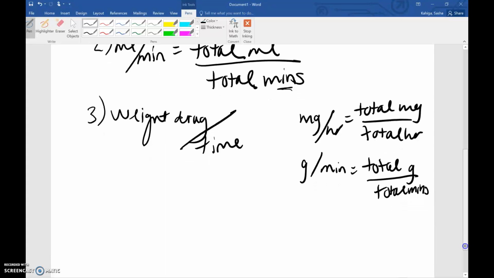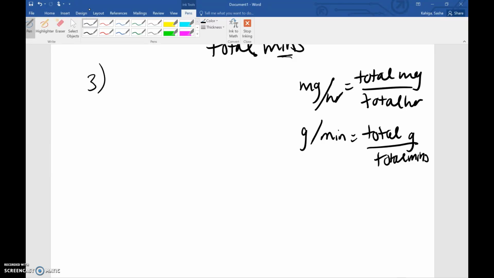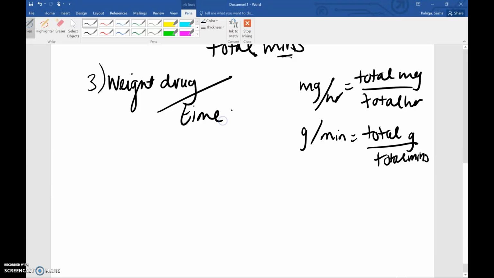I'm not going to write down every formula that you're going to come across, but if you can remember, I'm going to write this neater. If you can remember the weight of drug over the total time, then you'll be able to solve that problem. All right.